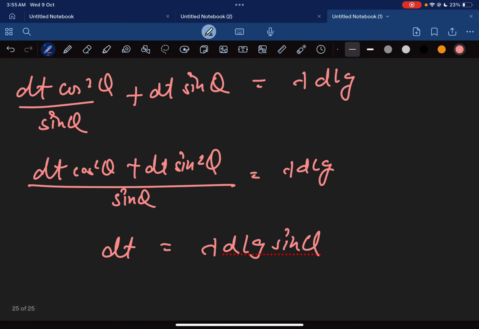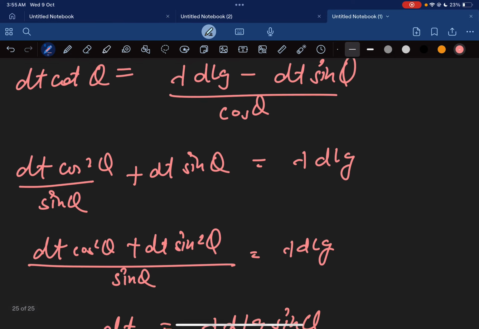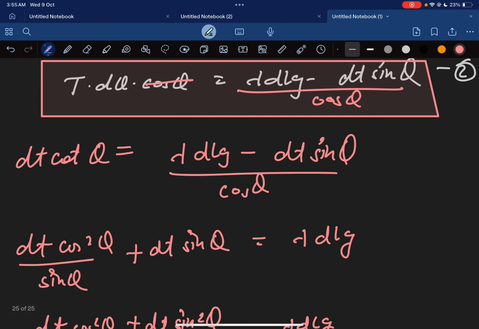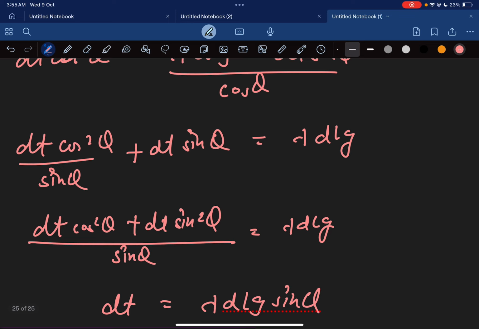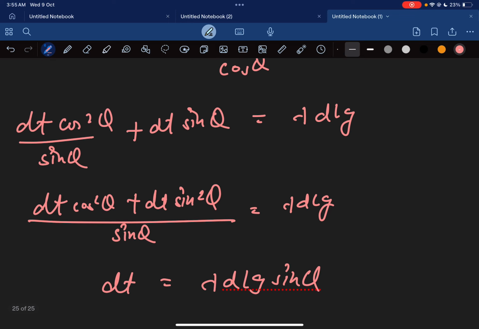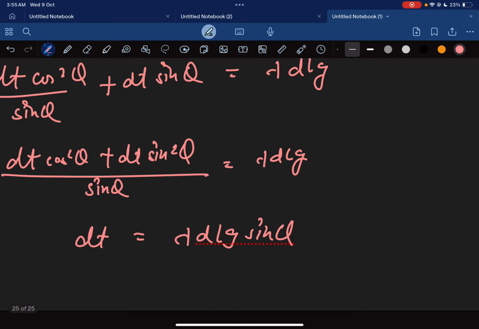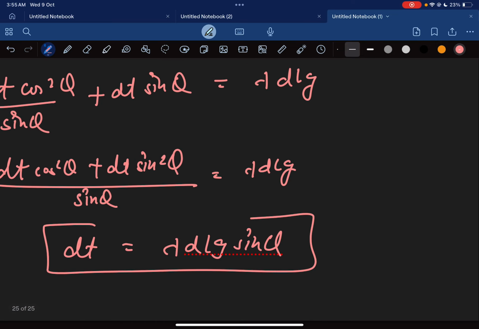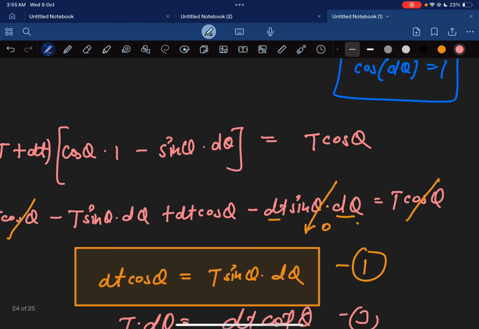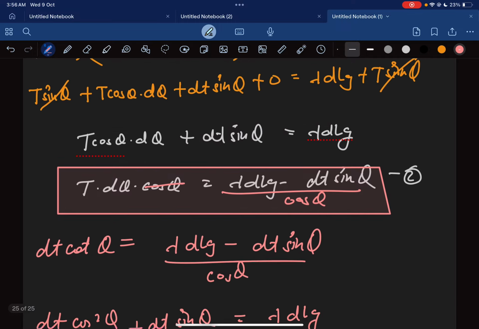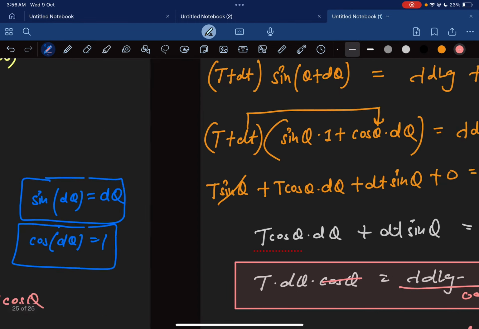Let me check it again. Cos squared theta by sin theta plus sin squared theta, so it's sin theta. So this is our correct equation. Here lambda is constant, g is constant. Try to find dl in terms of theta and then integrate it, and you will get your answer. So that's how you approach a catenary problem.